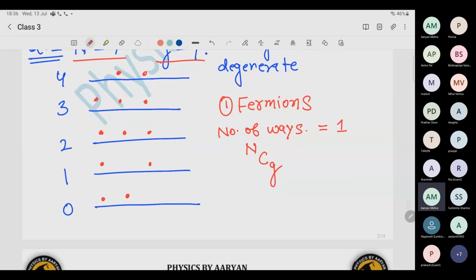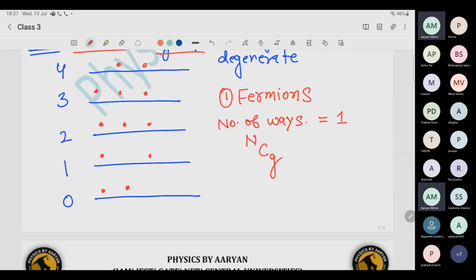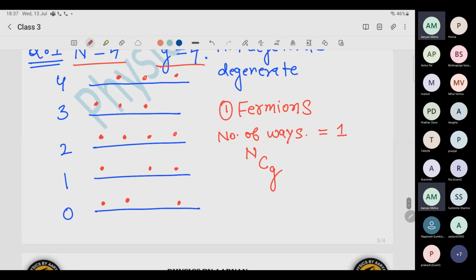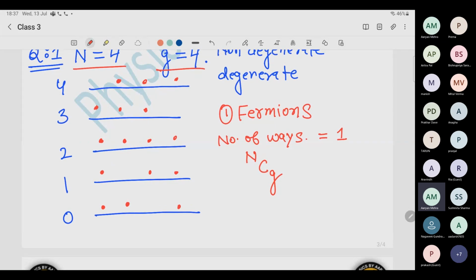Is there any other option? Yes, one more option is we arrange like this. So what is the total number now? 4 according to our diagram. But I think there will be one more way.